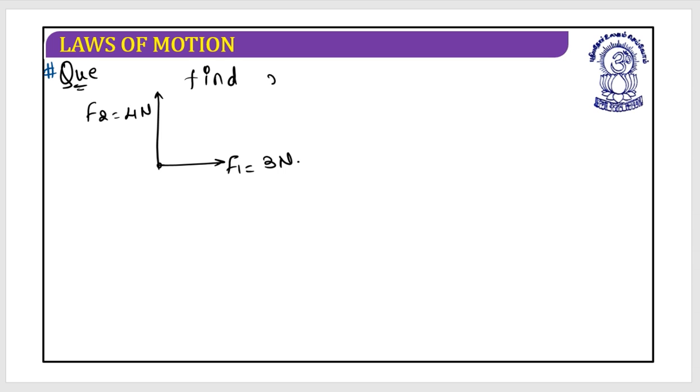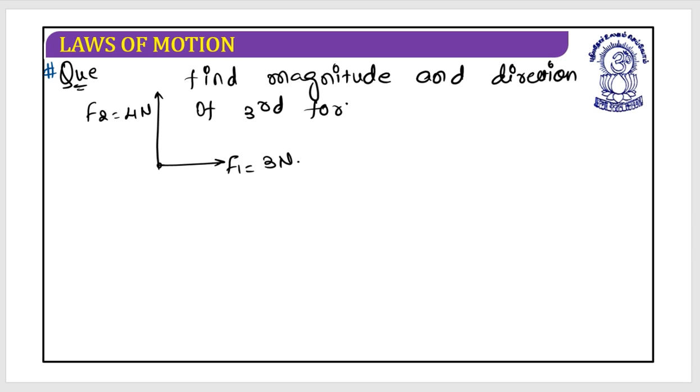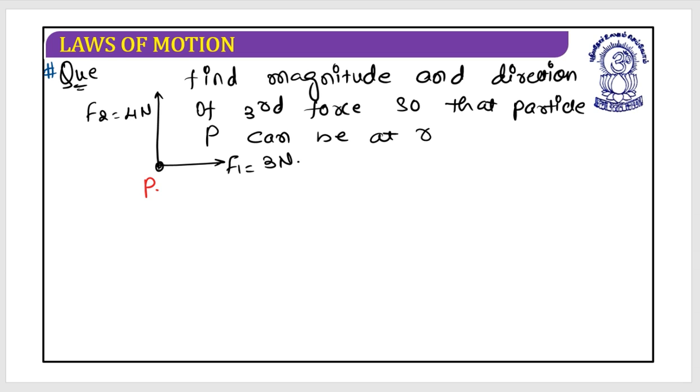Find the magnitude and direction of the third force, so that here a particle P is there, so that particle P can be at rest. So go through this data very carefully.